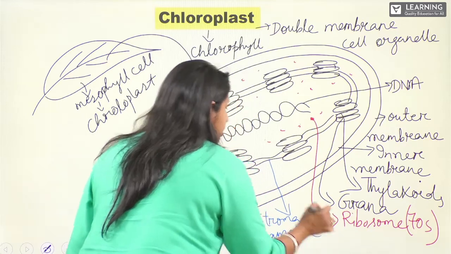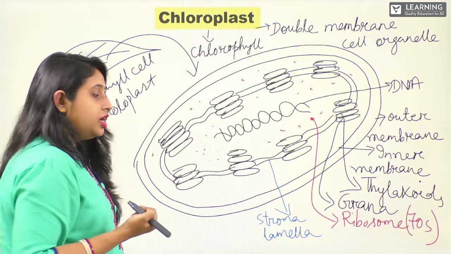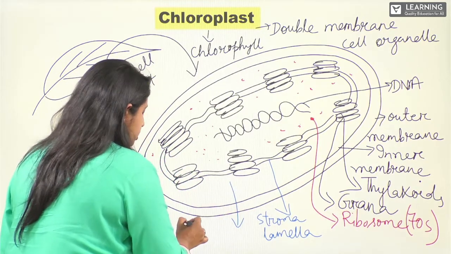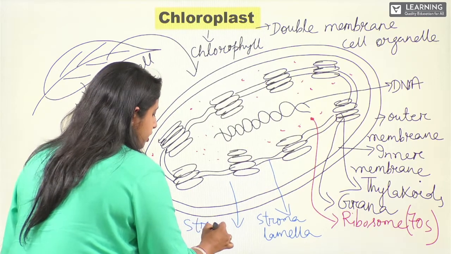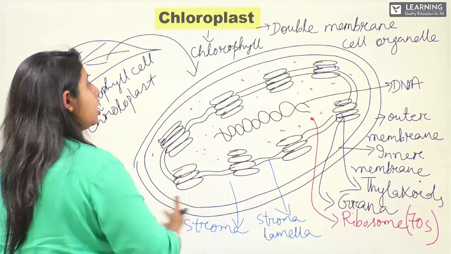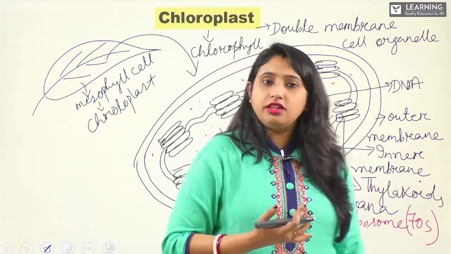The matrix inside is known as stroma. Is that clear? So this is how the structure of the chloroplast looks if you see it under the microscope.